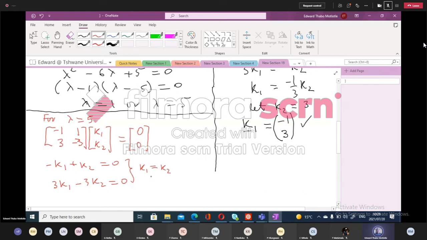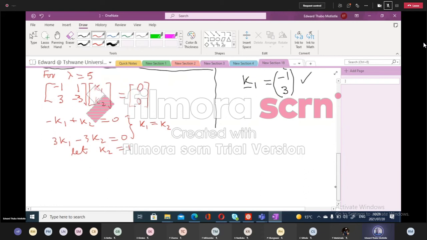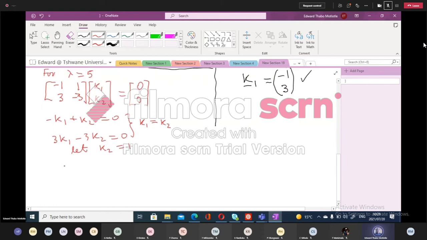So what does this mean? It means that if we let k2 be equal to 1, what do we end up with? We end up with k1 equals 1 and k2 equals 1.